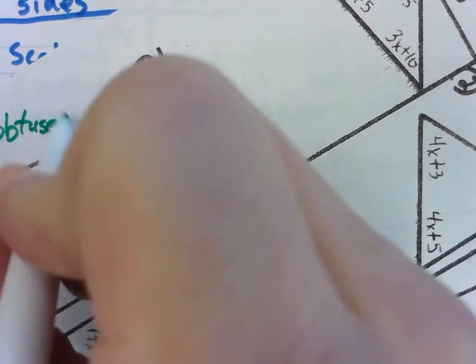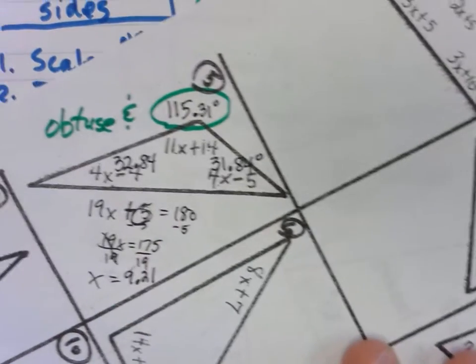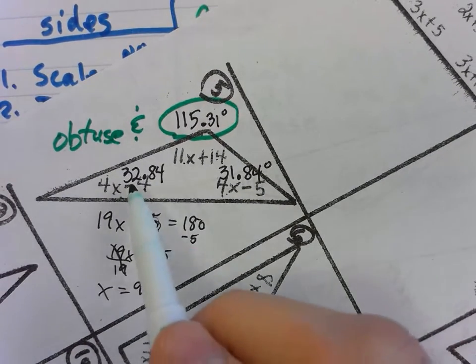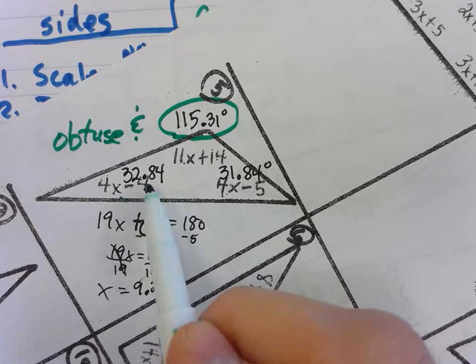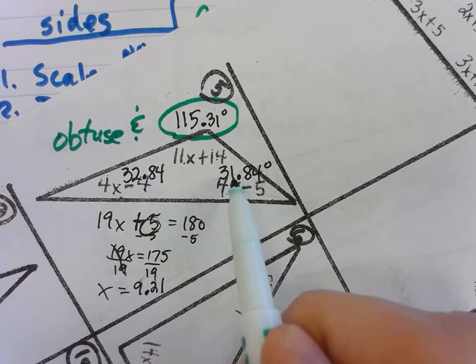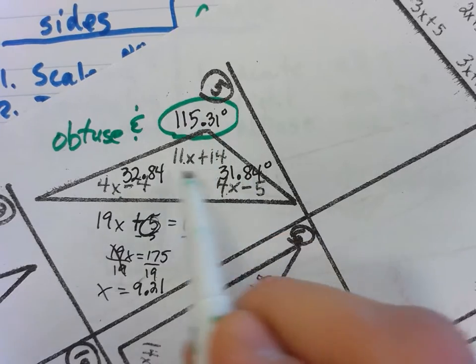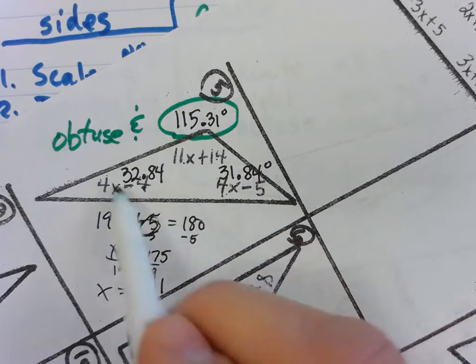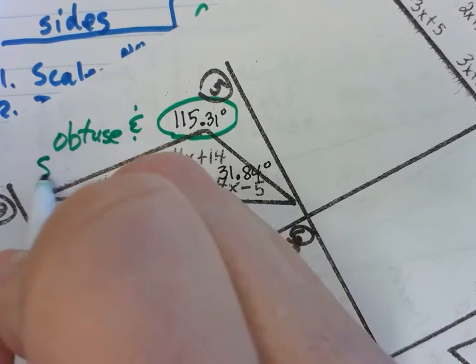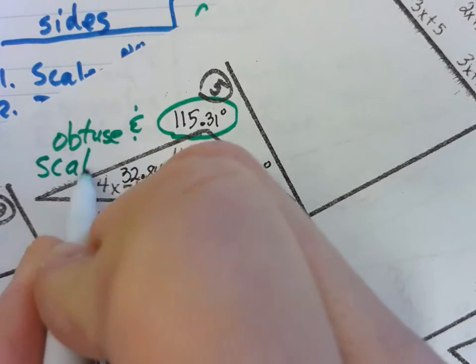And that one and that one are close to being the same, but they're not. If they were the same, then it would be isosceles. But unfortunately, once again, all three of these are different, which means all the sides are different. So it's obtuse and scalene.